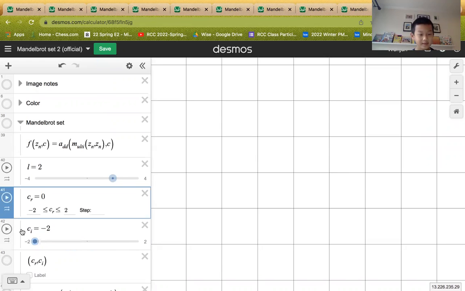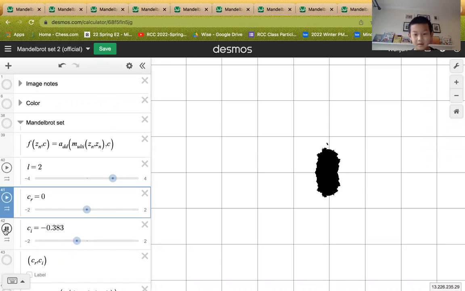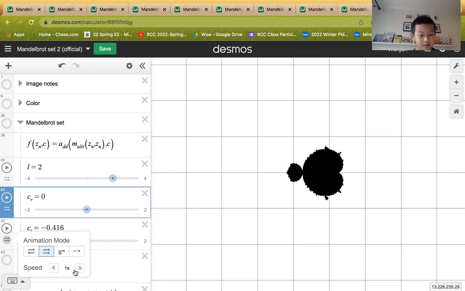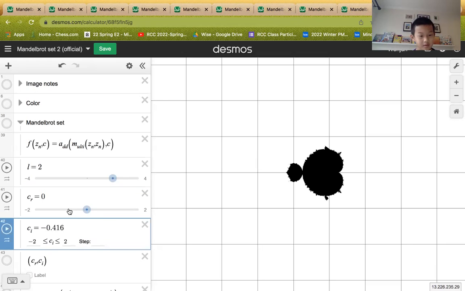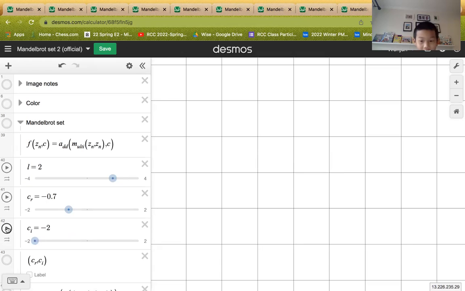this is what we get. Looks like someone is biting the apple, right? Because I'm going to make this go a little slower so you can actually see what happened.